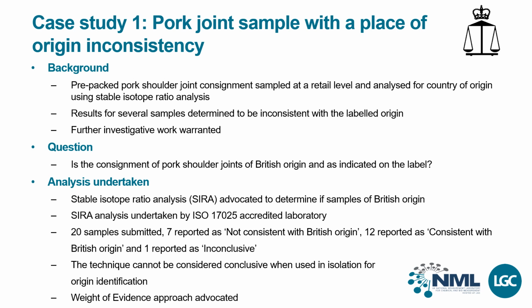If we first consider the background to this case, then we see it involves a consignment of pre-packed pork shoulder joints which have been sampled at a retail level and analysed for country of origin using stable isotope ratio analysis. The analysis undertaken returned results which suggested that the test data for several of the samples were inconsistent with the declared place of origin, and so further investigative work was warranted.